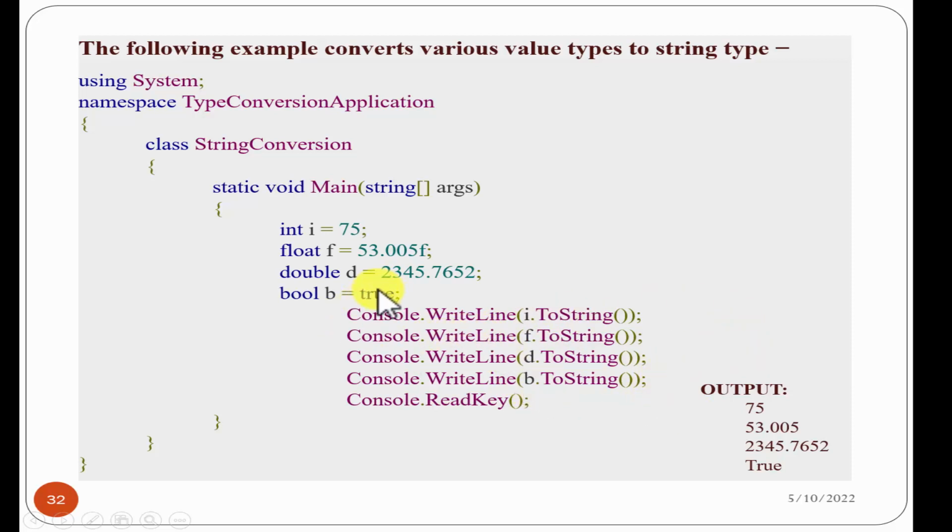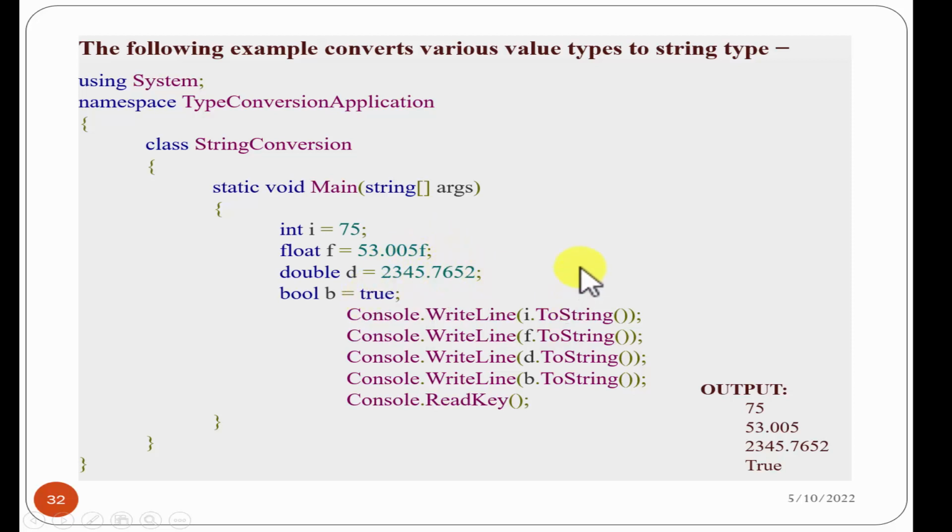And dear learners, don't be confused with this f. Whenever we are applying a floating point value in Visual Studio, we need to apply it with a small f. Nothing else. Your value is 53.005f. The f is only to show the value is floating point, nothing else. In double we don't need it, and in float we need it.